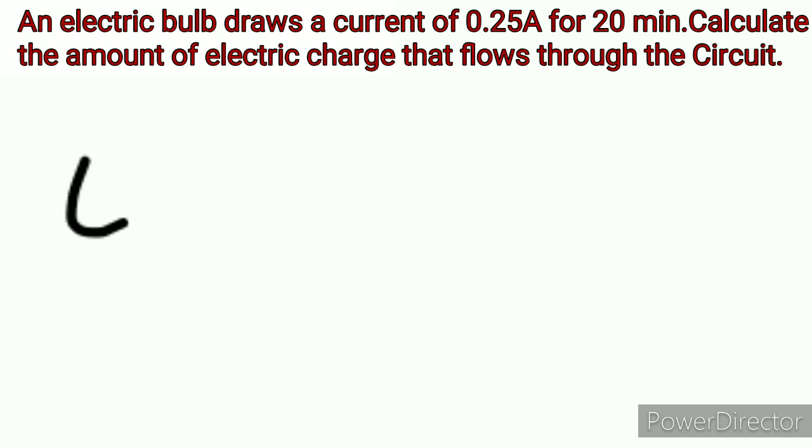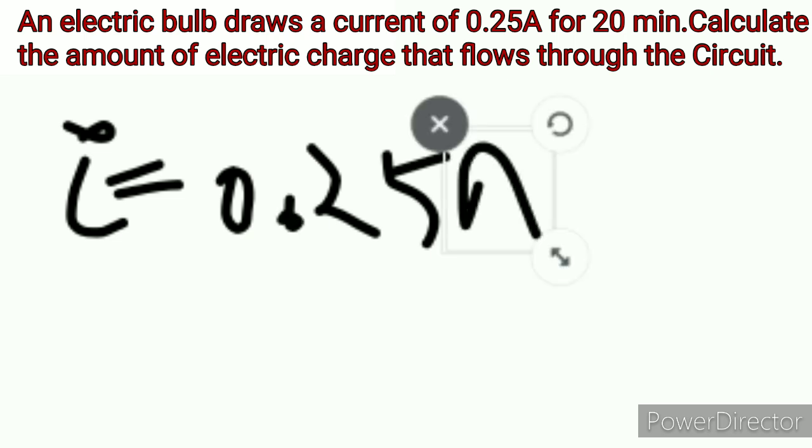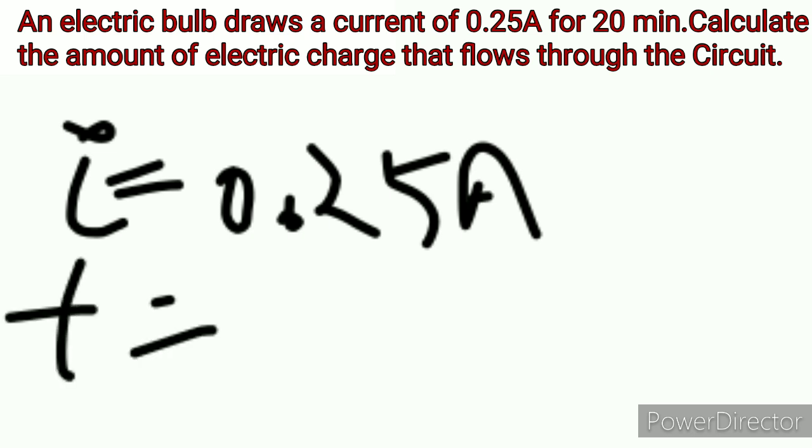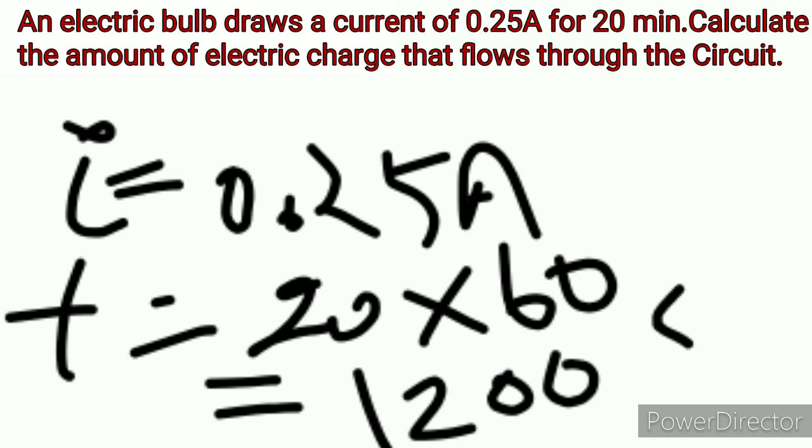Current is represented by small I, I equals 0.25 ampere, and the time is 20 minutes. We have to change it into seconds: 20 times 60 equals 1200 seconds. One thing to remember, guys: time is always taken in the seconds unit, not in hours and minutes.